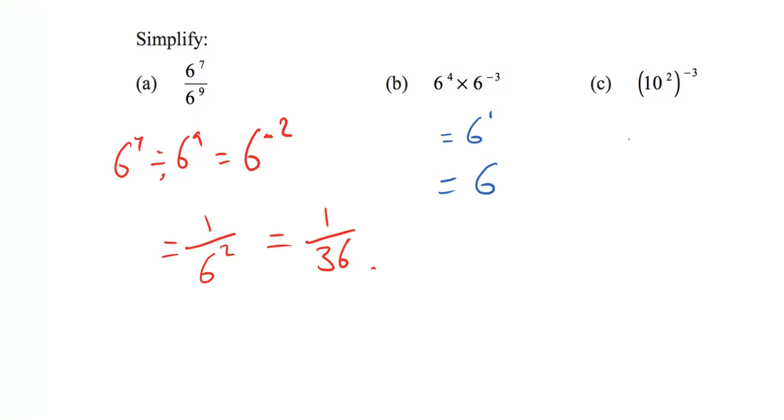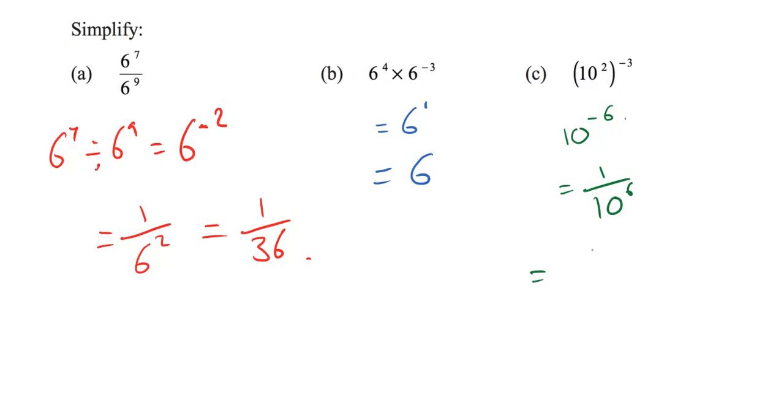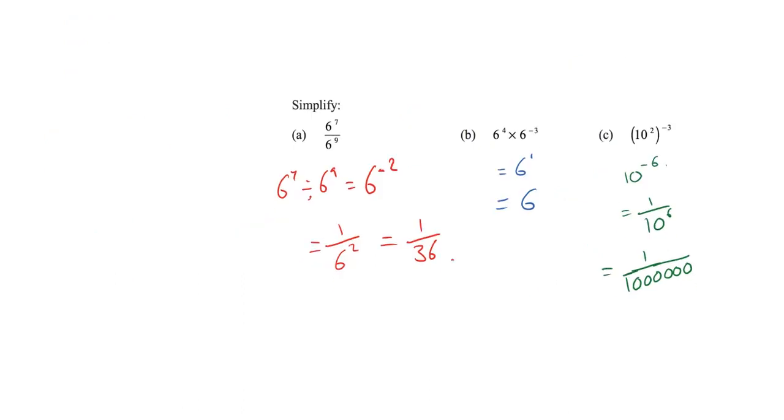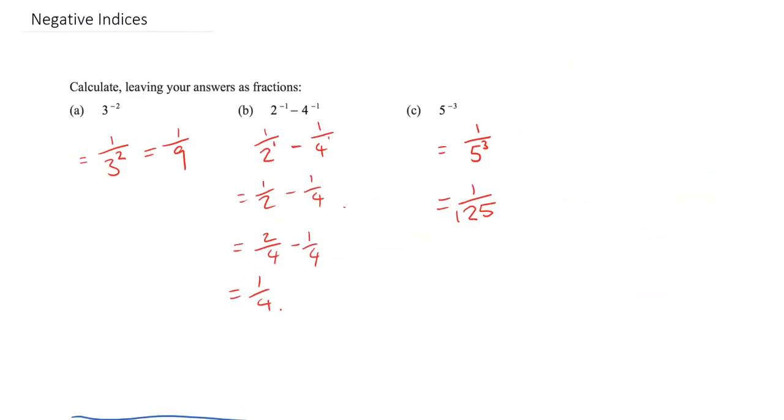So this will be equivalent to 10 to the power of minus 6, which is the same thing as 1 over 10 to the power of 6, and that is going to be 1 over a million. I hope that helps you to understand negative exponents and some of the tricks and rules that can be used to find them.